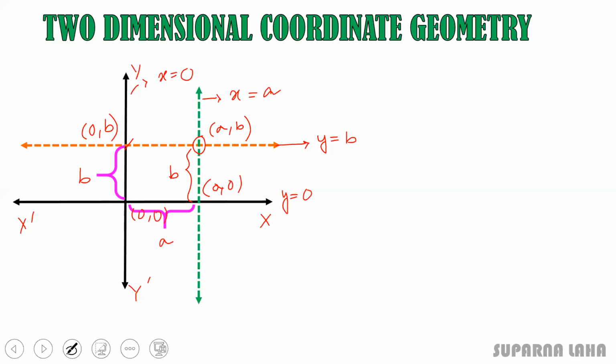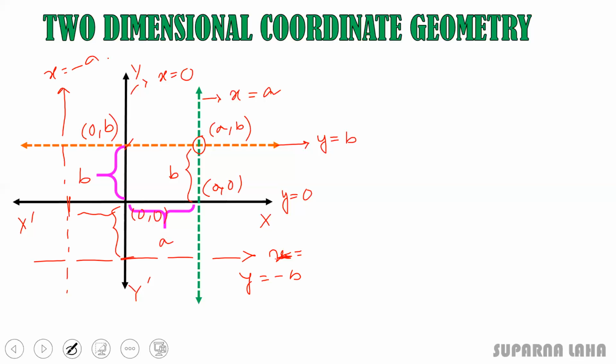And if it is on the negative side, suppose we take this one, this is b, so the equation of this line should be y is equal to minus b. Like that, the same for this line, if we take this line here, this distance is a, so this equation will be x is equal to minus a.